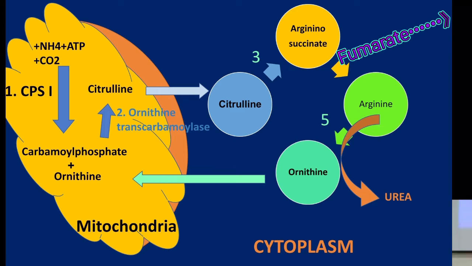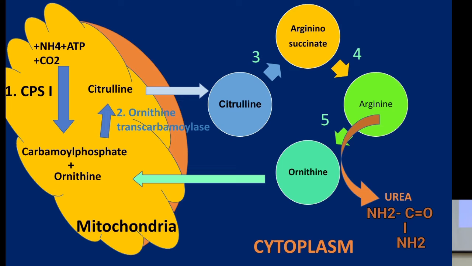Look at the side chain of arginine. It has 2 nitrogens and a carbon, and that's where the urea will be coming from. Now an enzyme called arginase breaks this off, producing urea, which is this molecule there, and regenerating L-ornithine.